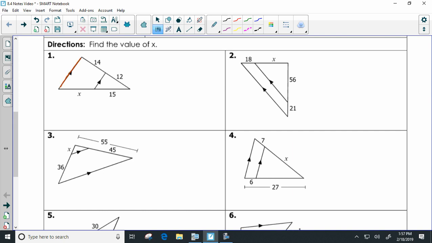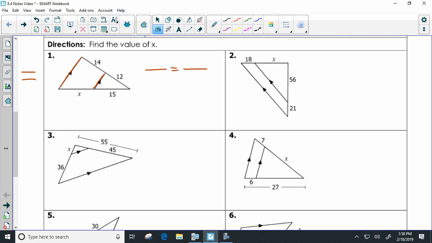If you need to, turn your screen or your page so that your parallel lines run side to side. It'll help you identify your left top and left bottom a little easier.